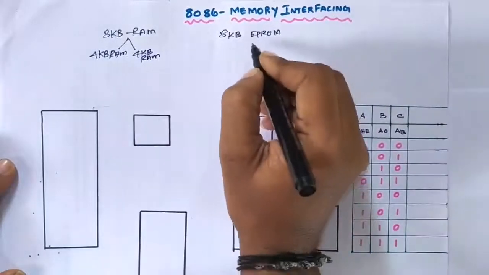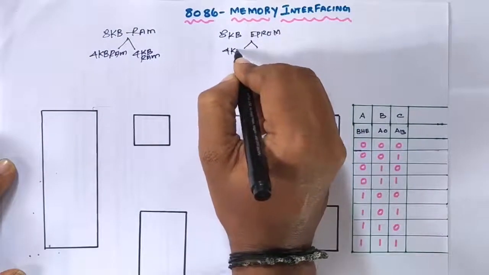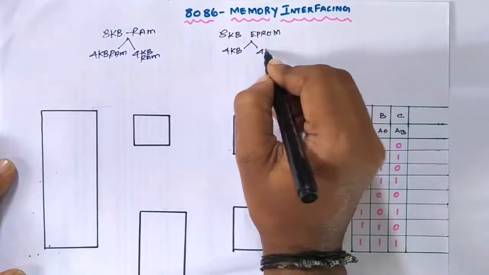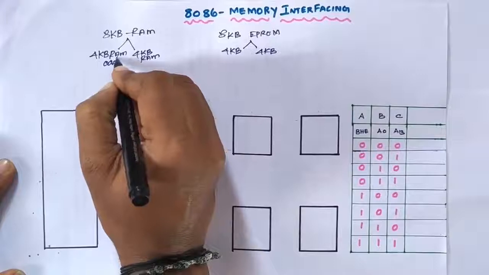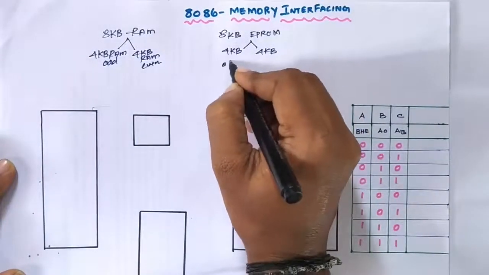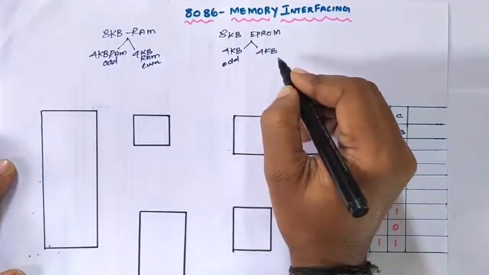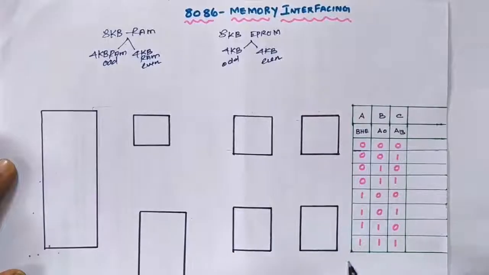Similarly, the 8 KB EEPROM is also divided into a 4 KB EEPROM and another 4 KB EEPROM. One is for the odd bank, another for the even bank. Similarly, in the EEPROM also, one 4 KB is for the odd bank and another for the even bank.